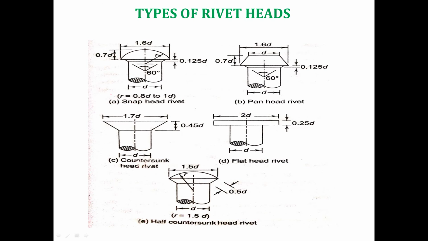Out of these five types, the most popular type of rivet head is your snap head rivet, because around 70 to 80% of the time we use this snap head rivet in industry. If you see in your day-to-day life, in railway bridges, this snap head rivet is mostly used. So that's why it is the most popular type of rivet head. It is also known as button head.